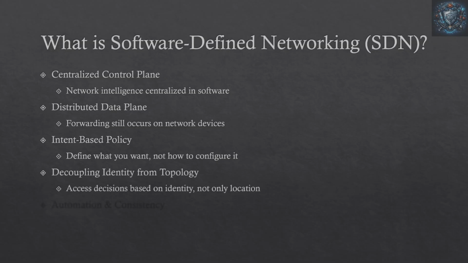And then access decisions will be based on a user's identity and not only their location. Now, location can still be taken into account when we're determining access, but it is not the only way that we're going to determine the access that we're giving to an individual. And then last, we're talking about automation and consistency.